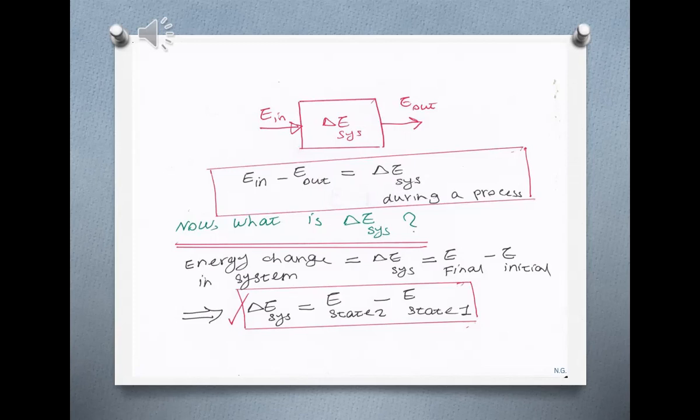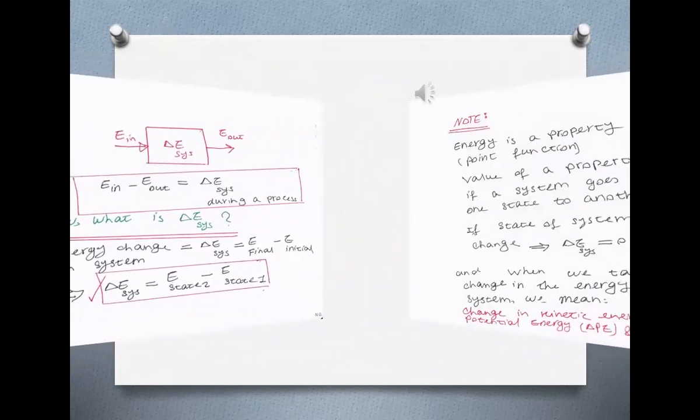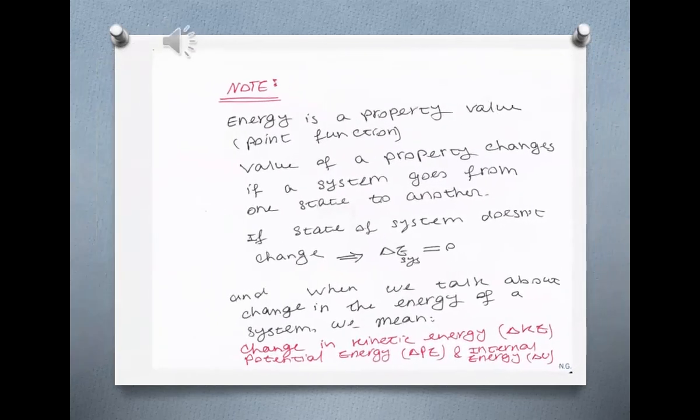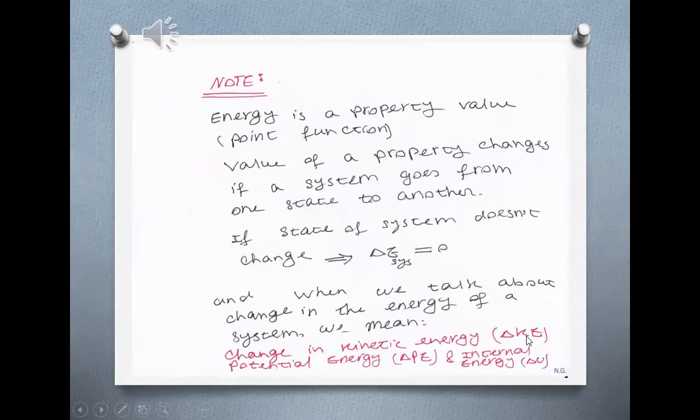But in other words, to explain that, the energy of the system includes changing kinetic energy, changing potential energy, and changing internal energy.